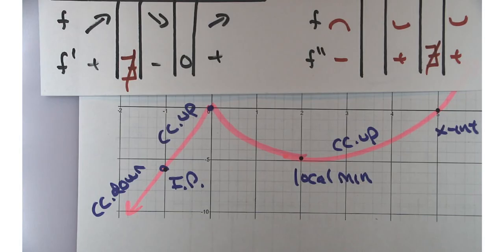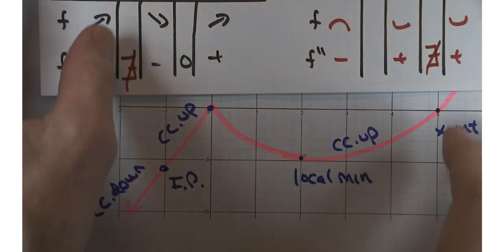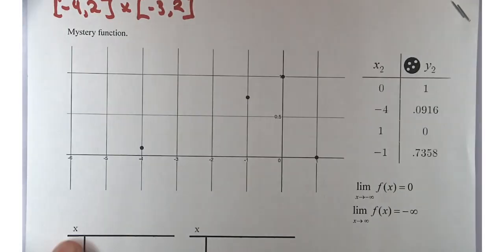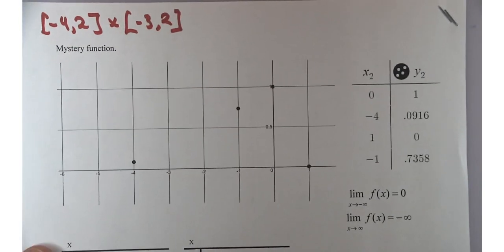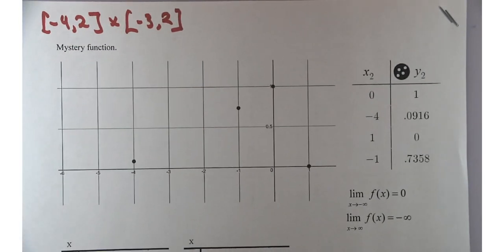Anything else on this one? Okay, I think we got one last one in this series. Actually, we got, let's see. There's a couple mystery functions. This one here, and I'll let you kind of guide me through it.